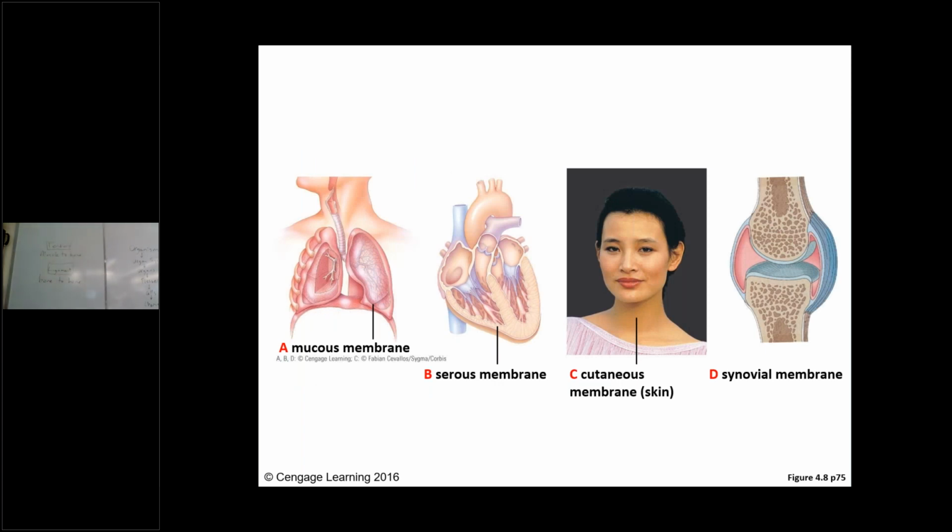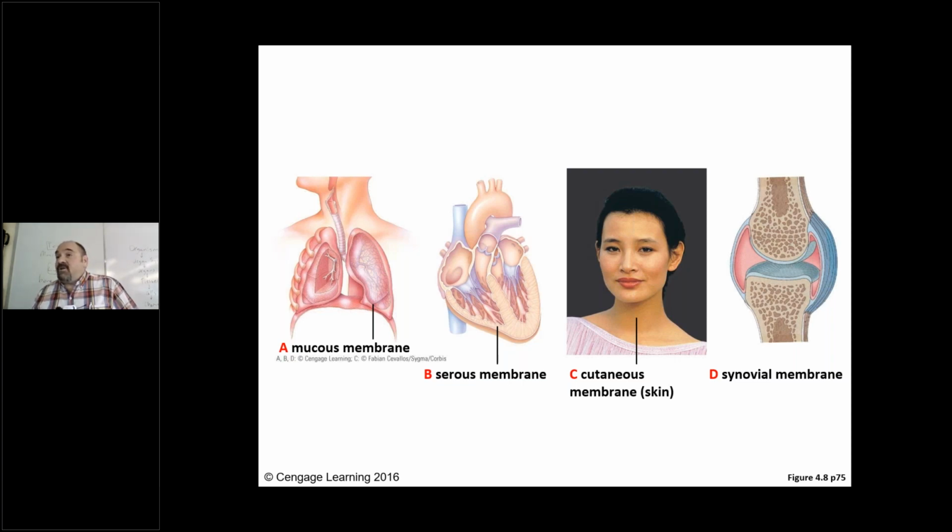And this next image here is just giving you an idea as far as the different types of membranes present. So you're looking at the lungs, you're looking at a serous membrane that can be covering an organ, say the heart. Because again, what's going on with the heart? The heart is constantly beating. I said to you that the heart is two pumps. So it's constantly moving, and we don't want it to build up heat. That would be a bad thing.